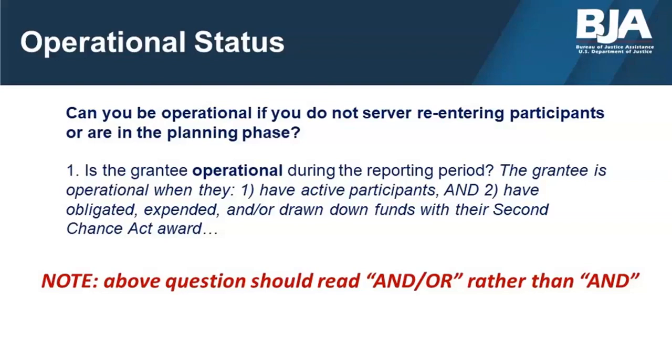In fact, you can be operational as long as you have used SCA funding, even if you do not have active participants in a program focusing on reentering individuals, either because your program is not concentrated on that or you are in planning phase.